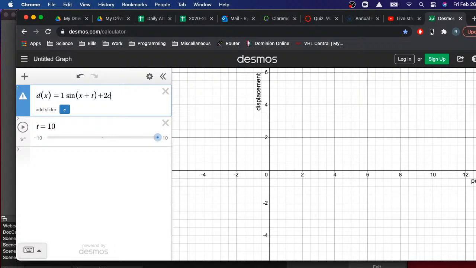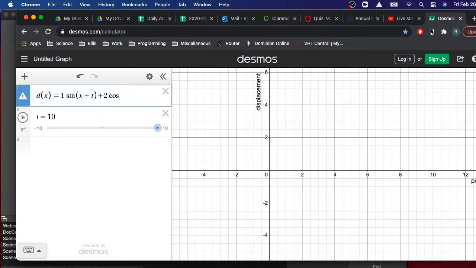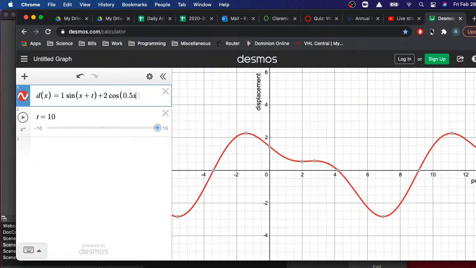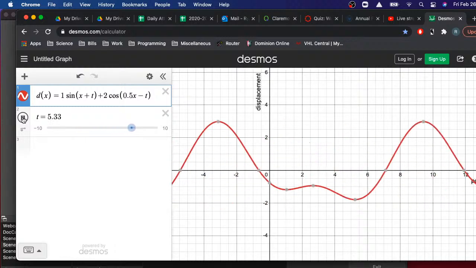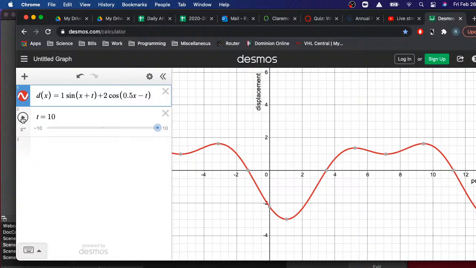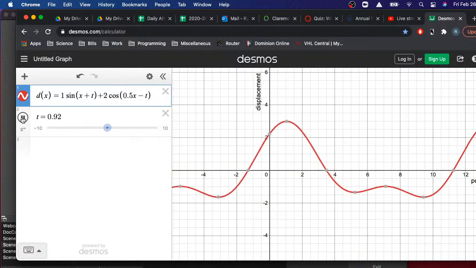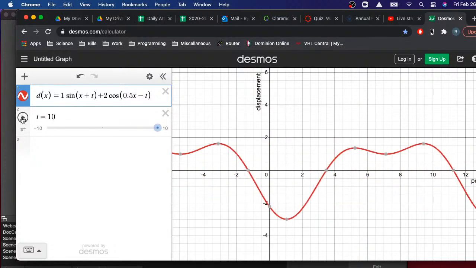Maybe 2 cosine of, let's say, 0.5x minus t. I've superposed 2 waves, and let's see how it looks. See how when you combine just 2 waves, it looks almost exactly like the surface of the water. It's pretty cool. So what you're seeing is multiple waves superposing, and as they're moving, the superposition changes.